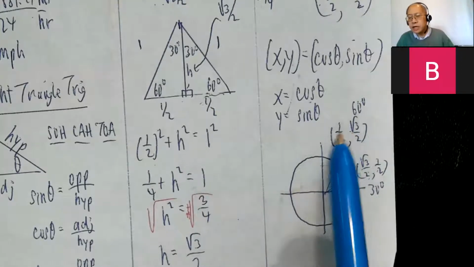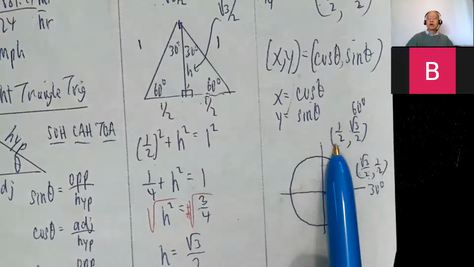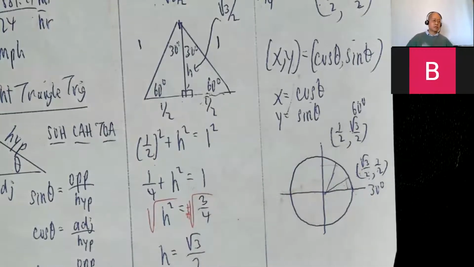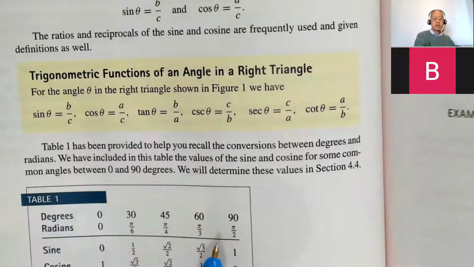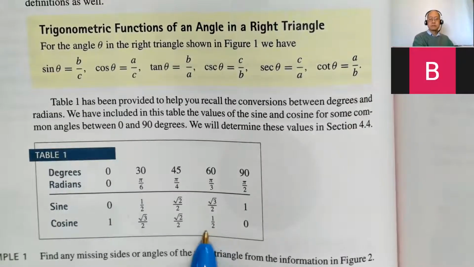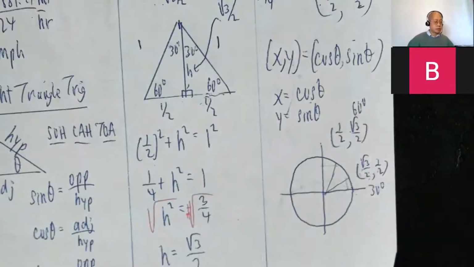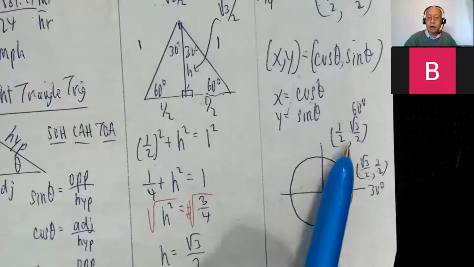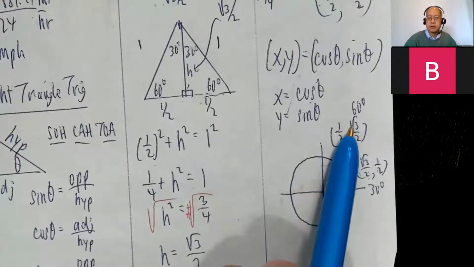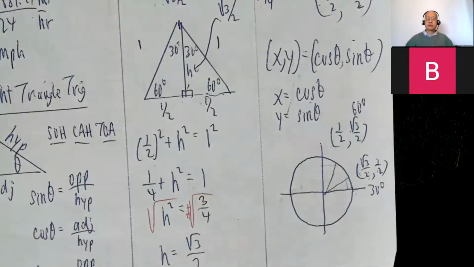Now at 60 degrees, it looks like they reverse. X coordinate is 1/2. Cosine of 60 degrees, 1/2. And yes, on the unit circle, 1/2 is always paired with radical 3/2. Y coordinate right here, radical 3/2. It works. So here we go.